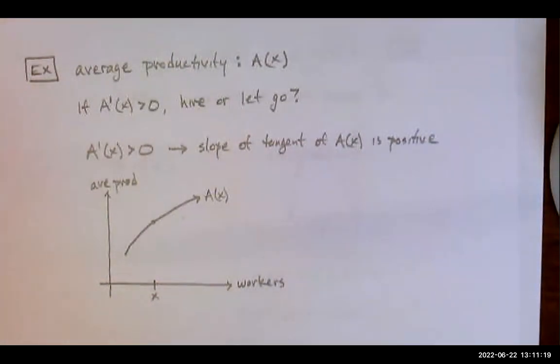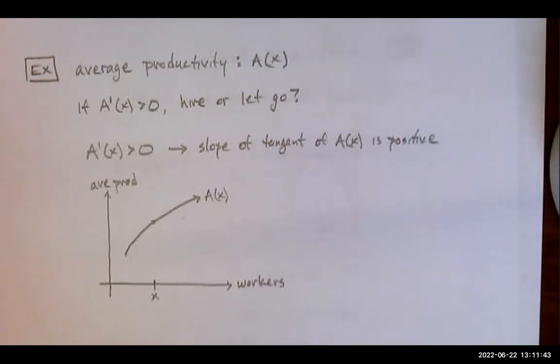It's probably more intuitive that if you hire more people, everybody's average productivity goes down, right? There's only so much work to do, so if you hire more people, there's not as much work to go around. And then you'd want to let some people go.